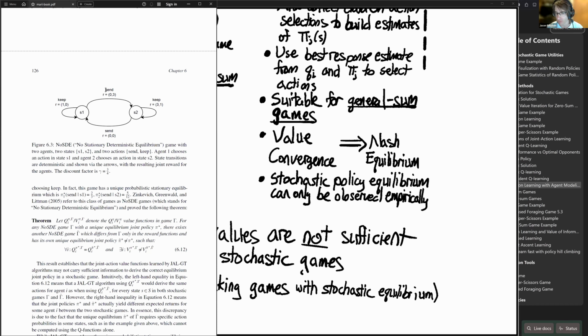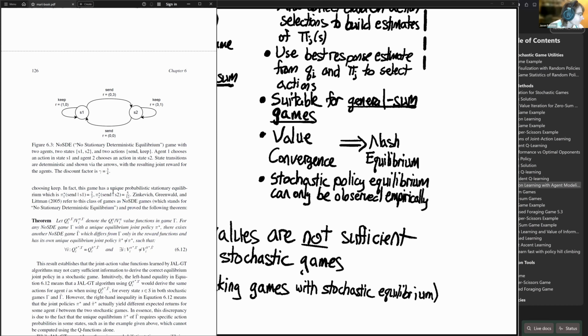In fact, it's the only type of policy that you can find with that type of value function, where one agent just has to look at all of its possible actions and select the one that produces the best outcome, right? It's just a list. It's not looking at the response actions of the other agent. So yeah, this is called no stationary deterministic equilibrium, because the only equilibrium in this type of game is a stochastic one.